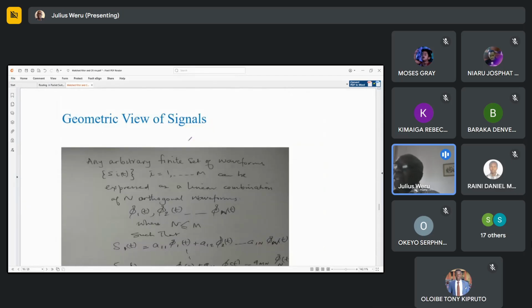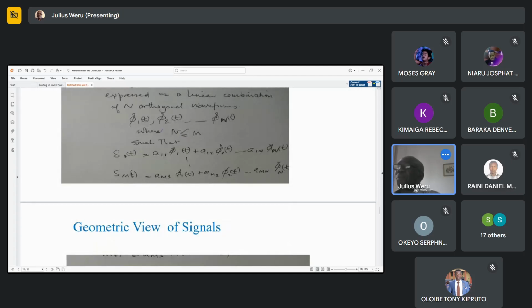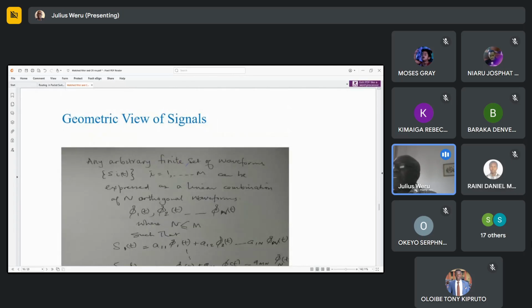So let's see the application of this. An arbitrary finite set of waveforms, s_i of t, going from i = 1 to M, can be expressed as a linear combination of N orthonormal waveforms, that is phi 1 of t, phi 2 of t, up to phi N of t.